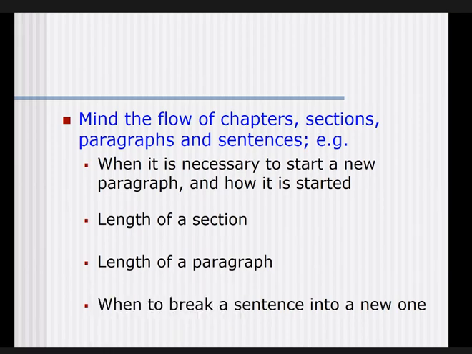So this brings us to the point of when it is necessary to start a new paragraph and how it is started, the length of a section, the length of the paragraph, and when to break a sentence into a new sentence. Because if you don't know how these follow each other, then you are likely to write something that is mixed up.